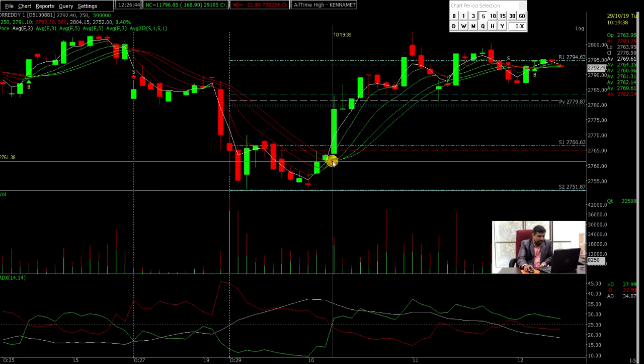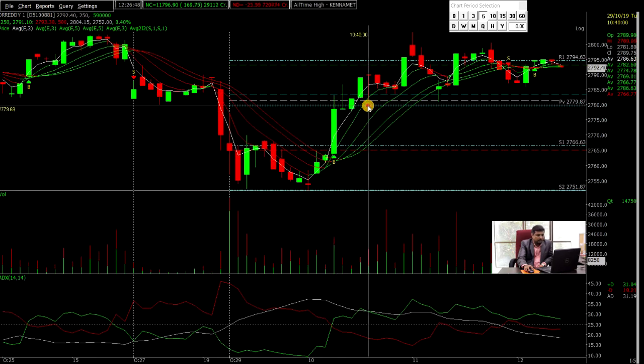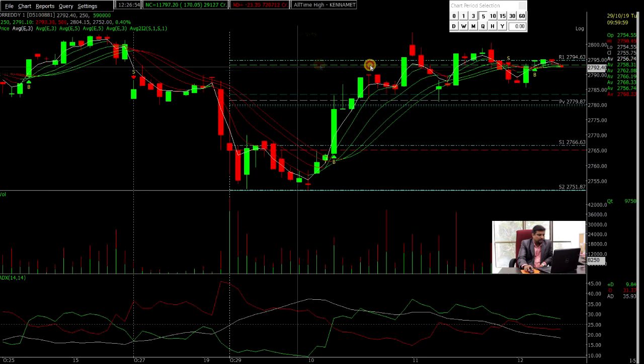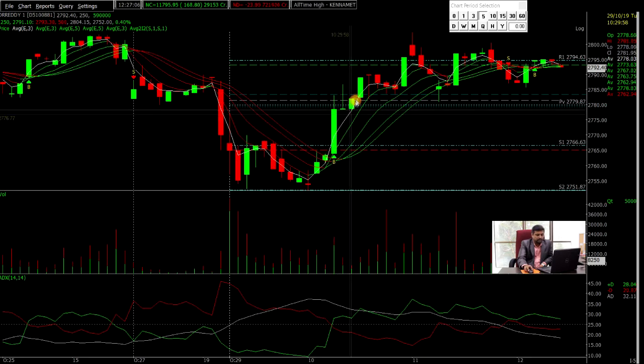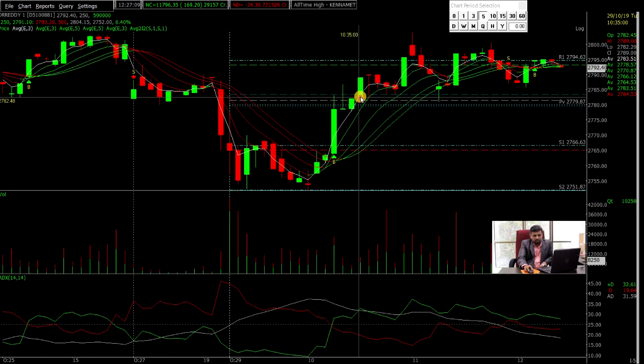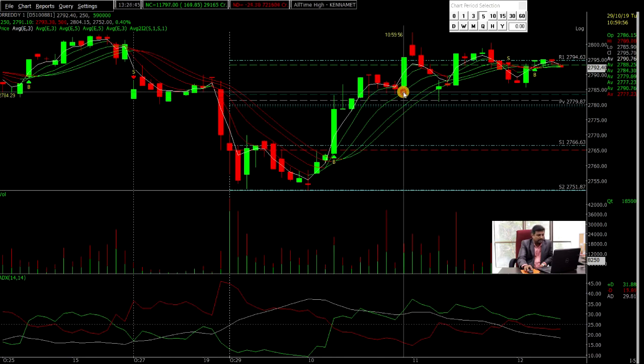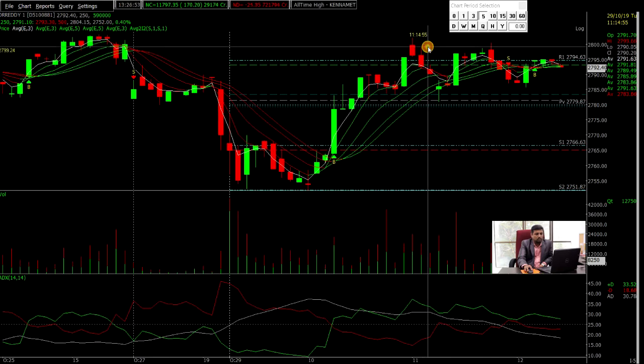Now you can see after the entry point, the pivot point was at approximately 2779, and there was an R1 resistance 1 which was approximately around 2794. People who have entered after 2765 could get a profit booking exit signal at 2780, 2790 or 2800.